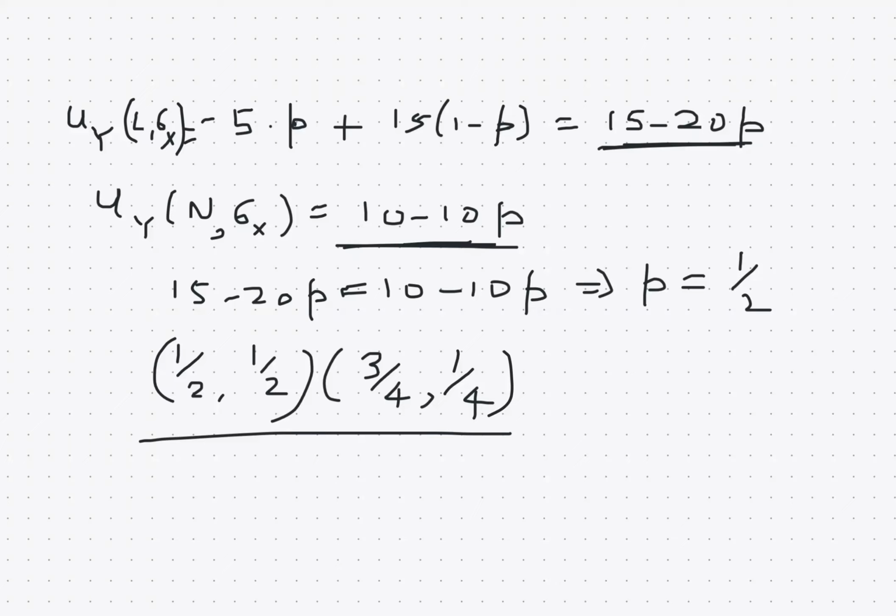Also, keep in mind that if the game has more dimensions, we are just considering a 2x2 game right now. But if the game has more than 2 dimensions, let's say a 3x3 game or 4x4 game or something like that, what you might want to do is first look for the dominated strategies in the game.